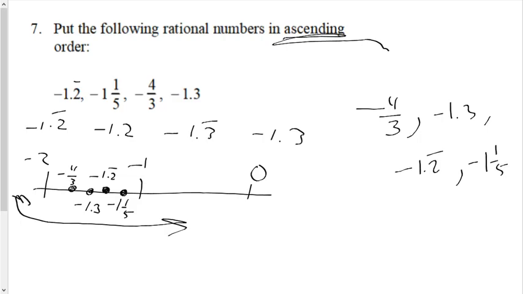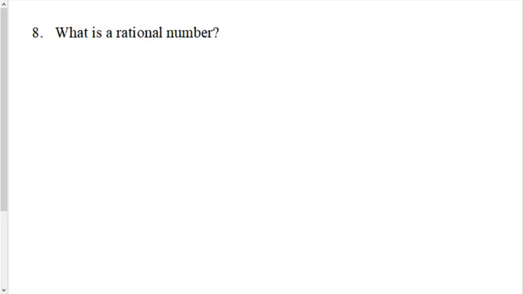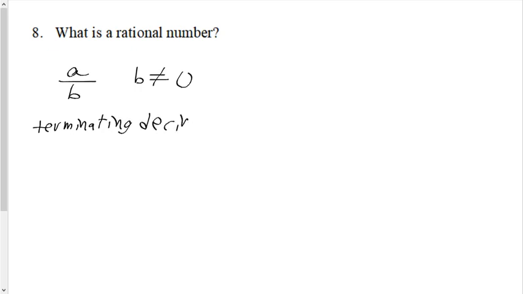Is that the last question? One more? And finally, what is a rational number? Well, we already talked about it in your multiple choice. It's any number a divided by any number b, as long as b does not equal 0. They can be things like terminating decimals. They can be repeating decimals.